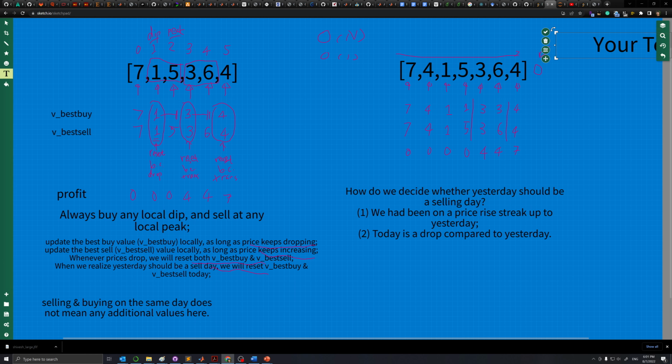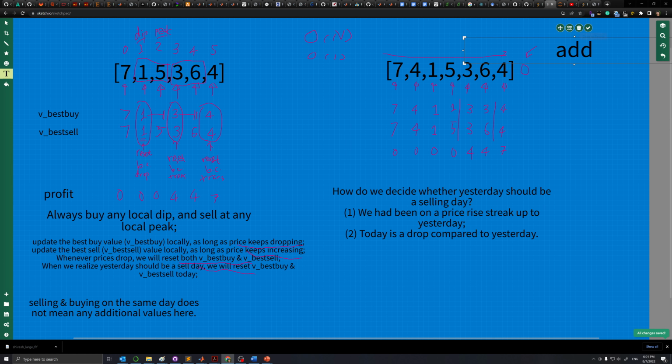Add a virtual zero at the end to force the triggering of a sell action on the last day.